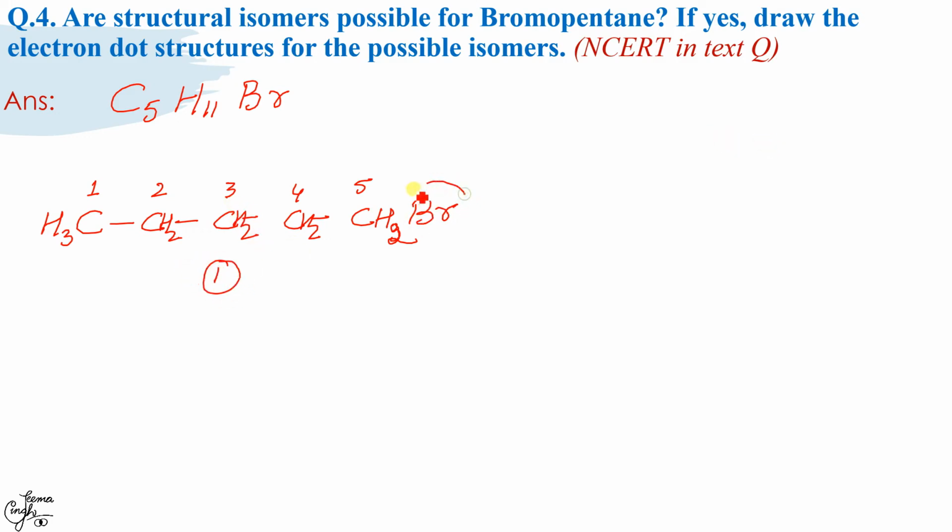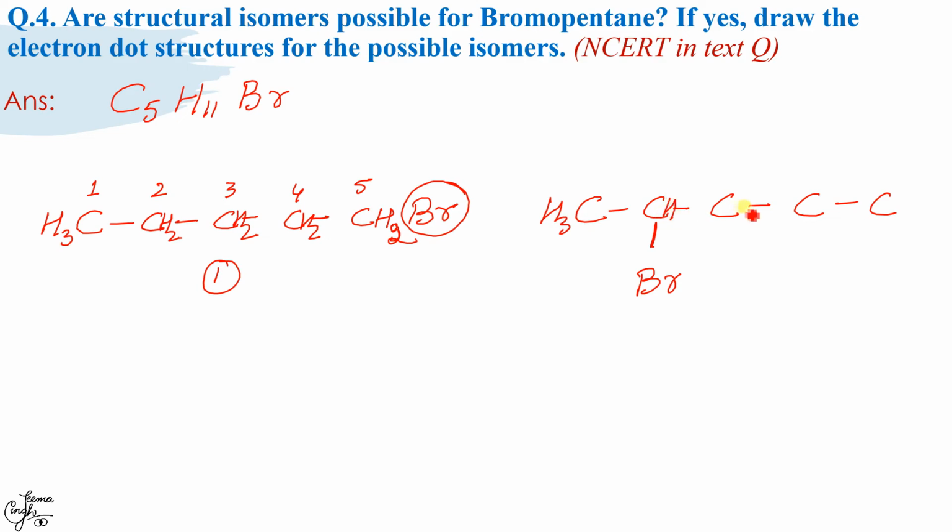Now, since Br is the functional group, we'll change its position. Let's see what happens. It is at this position, right? 1, 2, 3, 4, that's 5. Let's say begin from this side, Br. If I would have put it over here, it would resemble the first one, right?